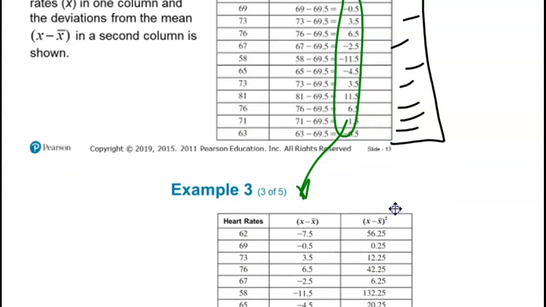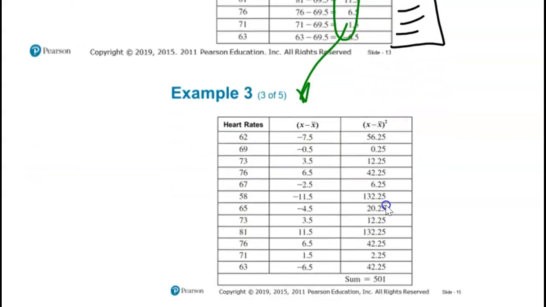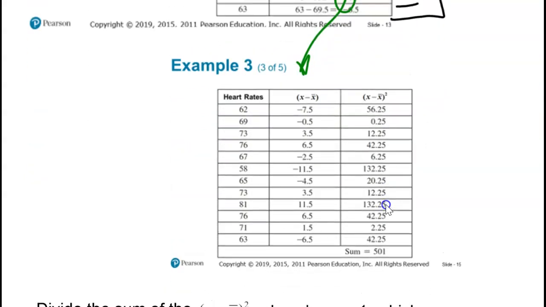But in this case, just to be able to focus on what we're doing, we're going to take this set of positive and negative numbers, and we're going to square them. And so notice that they are squaring those numbers over here. So it's this number right here, negative 7.5 squared becomes 56.25. Negative 0.5 becomes 0.25.